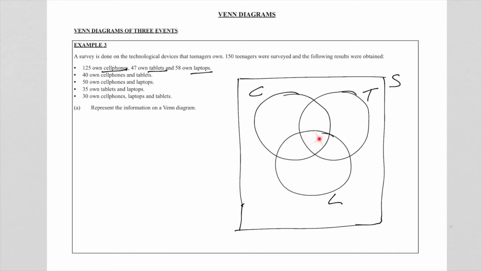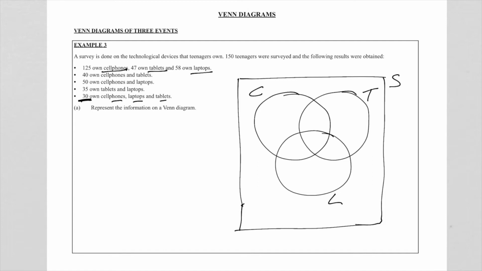So before we do anything, we need to know what this will be. You need to go to your information and we want to know how many own all three devices, which we will put in here. When you look at this list, you will see that 30 own cell phones, laptops, and tablets. So that is the one that we will put in the middle.